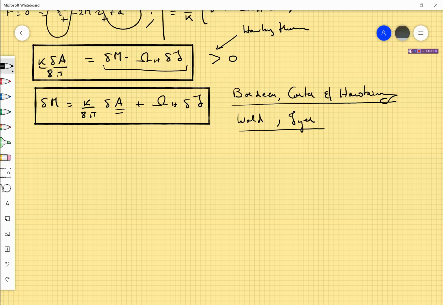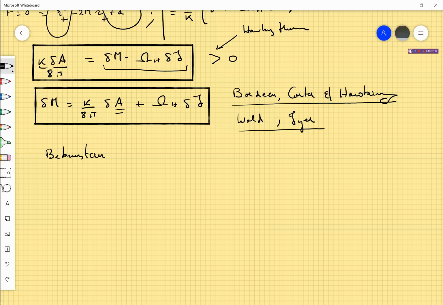A precursor of this work were the works of Bekenstein, Jacob Bekenstein, who died not so long ago, and who observed and insisted on this analogy between area and entropy, based on the fact that you could diminish the entropy of the universe by throwing things inside of a black hole, because then after the black hole settles down to equilibrium, well, the black hole does not have entropy, and whatever you threw inside of the black hole will have some entropy that you have subtracted from the rest of the universe.